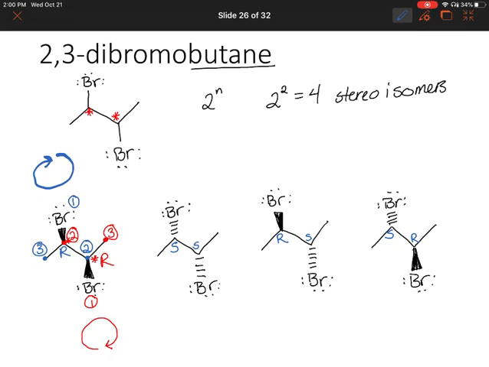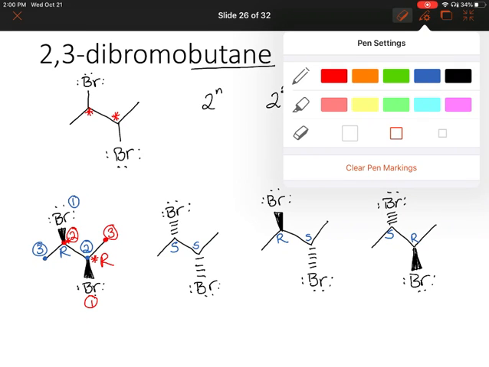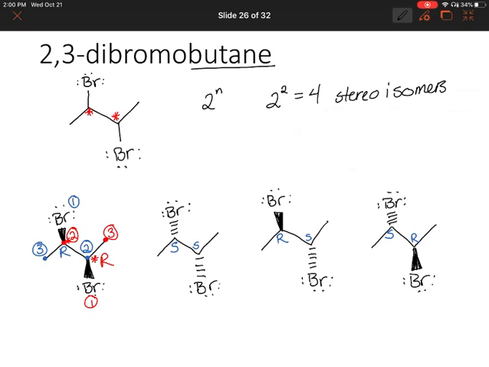All right. So let's figure out the relationships between each of these stereoisomers. So let's label these A, B, C, and D. Okay, so what is the relationship between A and B?